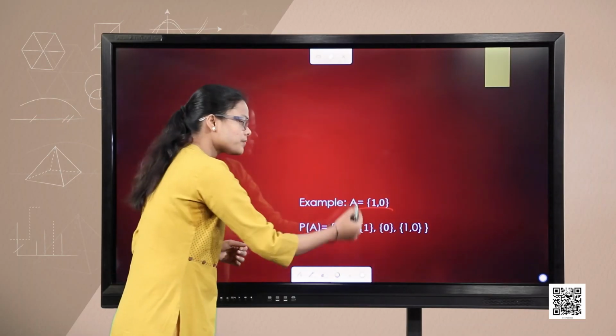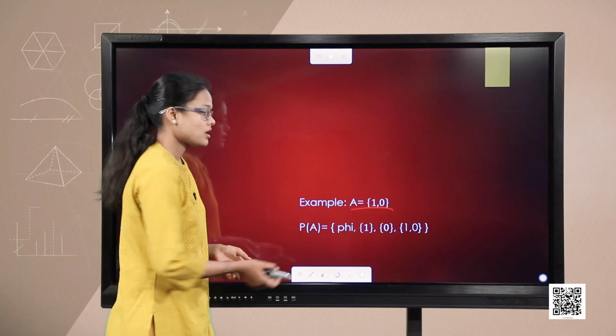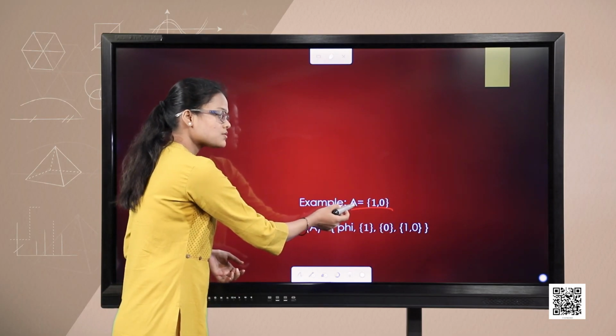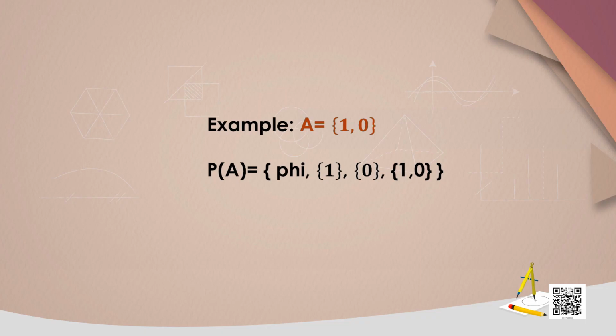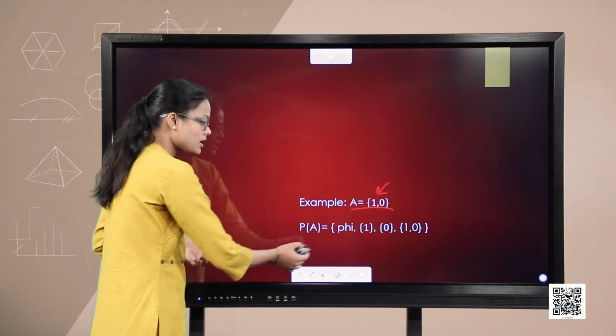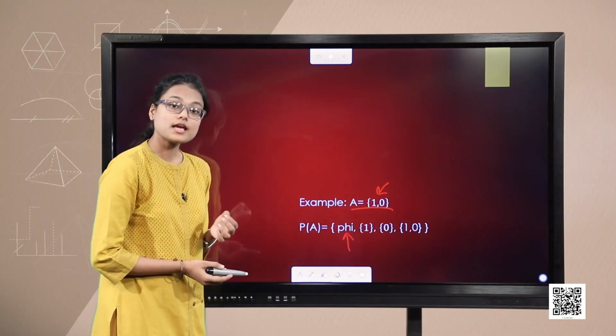We usually ask, if A is a set, then how many possible subsets it can have? Let us take an example in this where A is representing two elements, 1 and 0. How many subsets it can have? Let us list them. First of all, phi, that is the empty set.